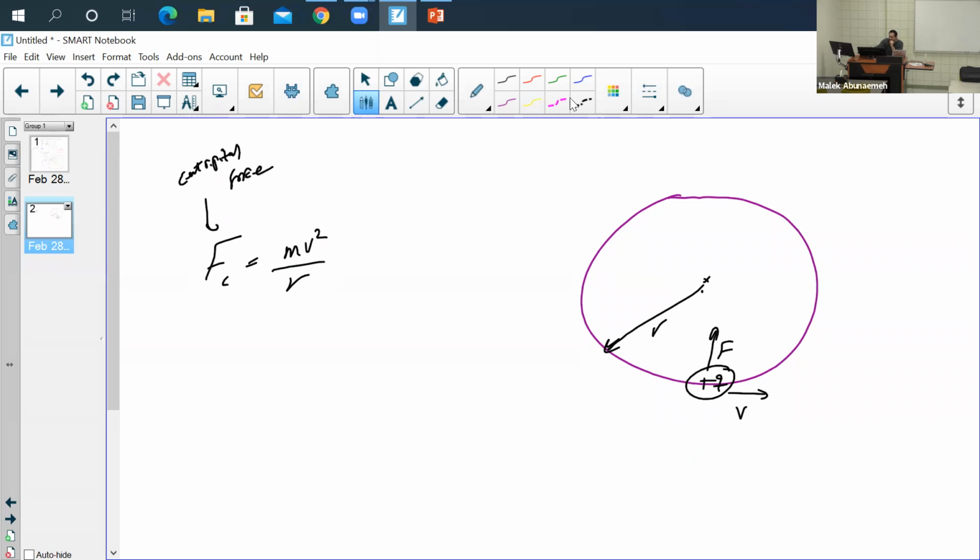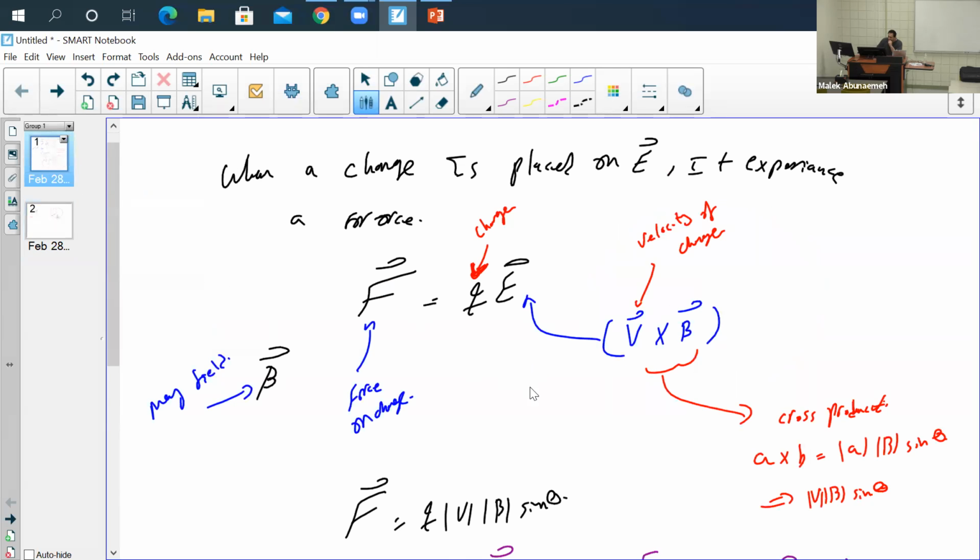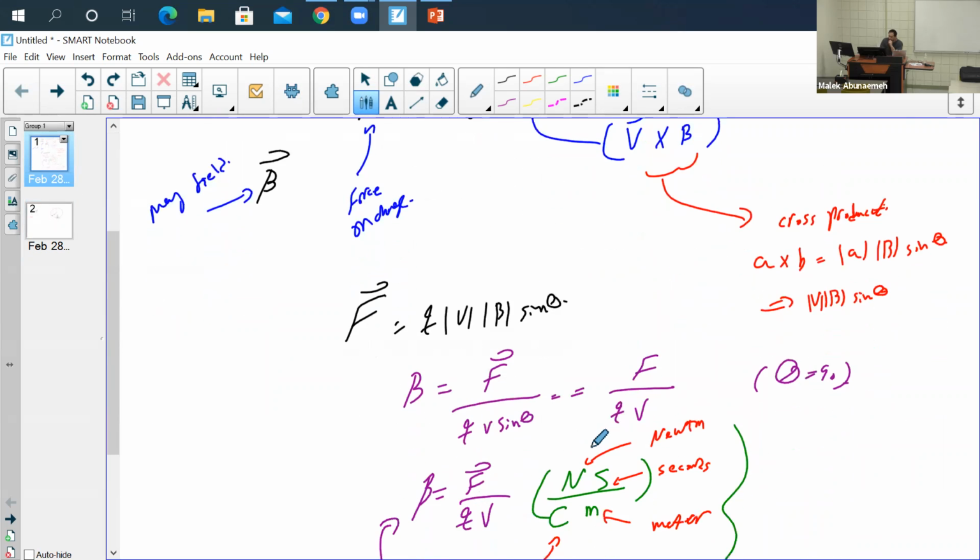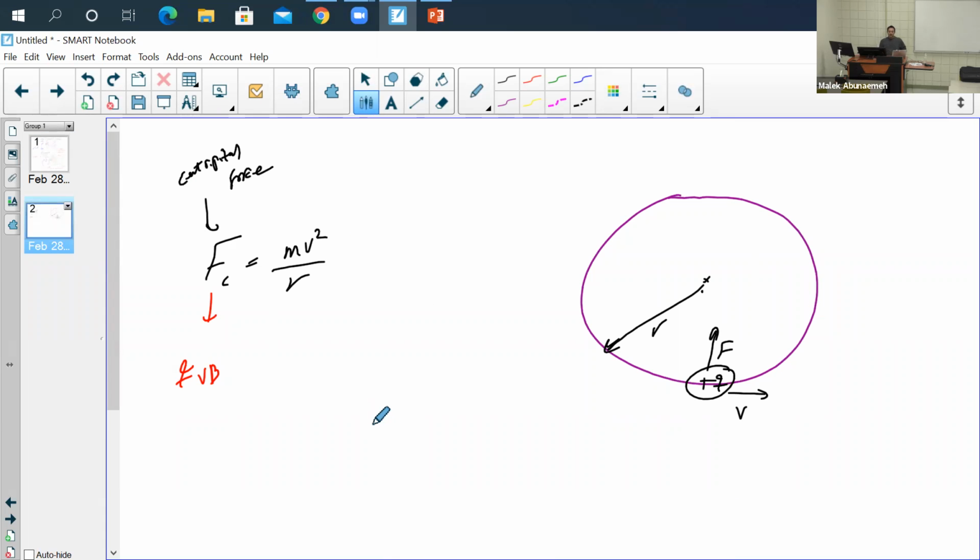Now we said that our force is going to equal q multiplied by v multiplied by B. If we had the magnetic field, qvB, that means your force is going to equal your magnetic field multiplied by the charge multiplied by velocity. So qvB is going to equal mv squared over r.